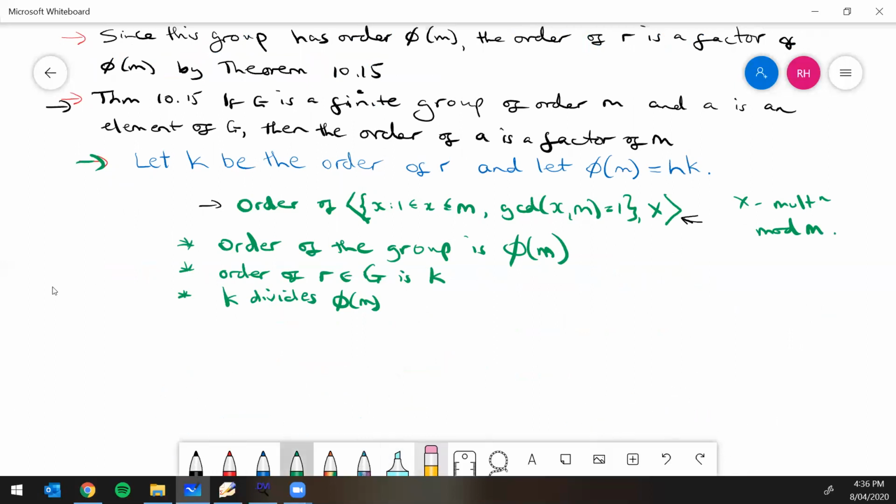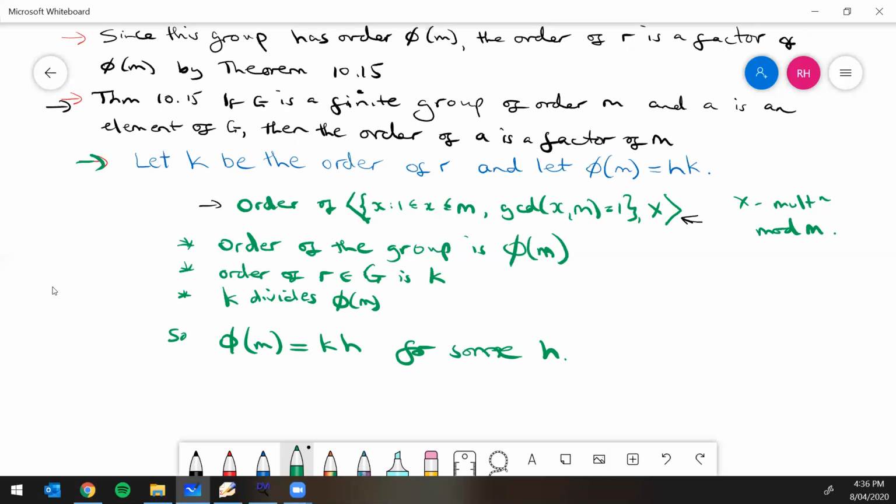Okay, so what do we conclude? So phi of M, if K divides phi of M, so phi of M must equal K times H for some H. I mean, that's what it means. If we say something divides something else, well, it means that if you multiply it by something, you'll get the number that we're concerned with.